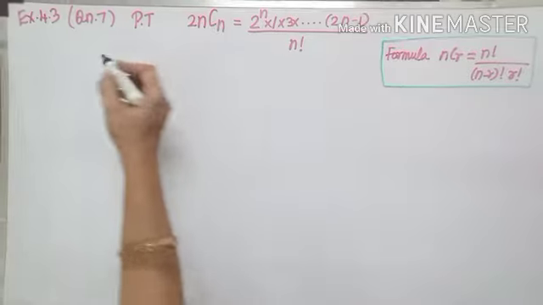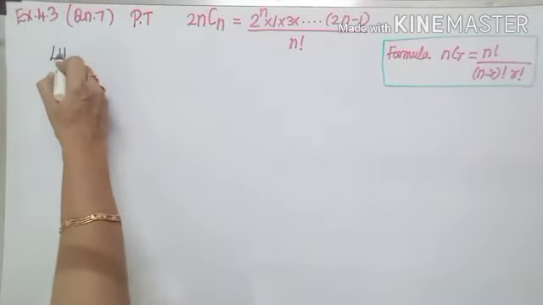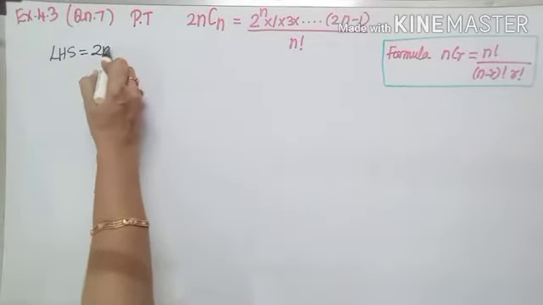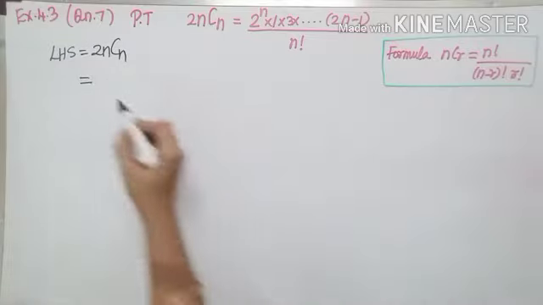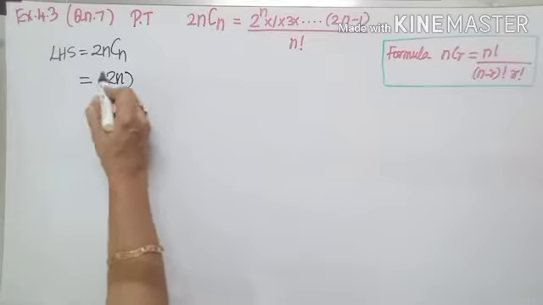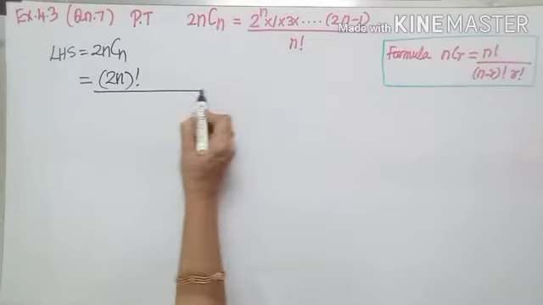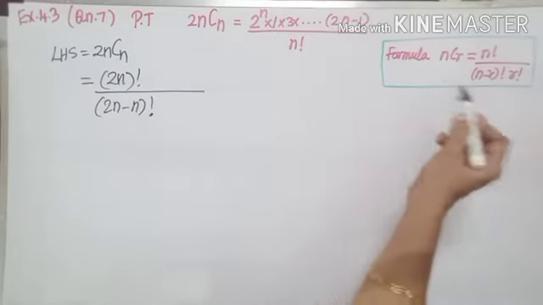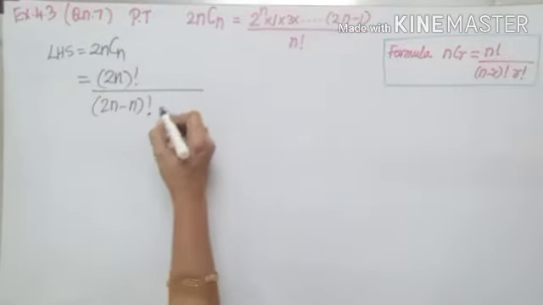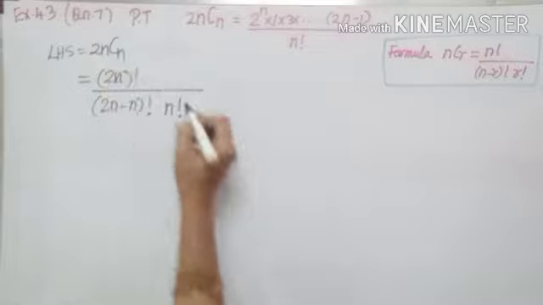Here the question is 2nCn. Let us start with the LHS, which is 2nCn. Applying the formula, 2n factorial by (2n minus n) factorial into n factorial.